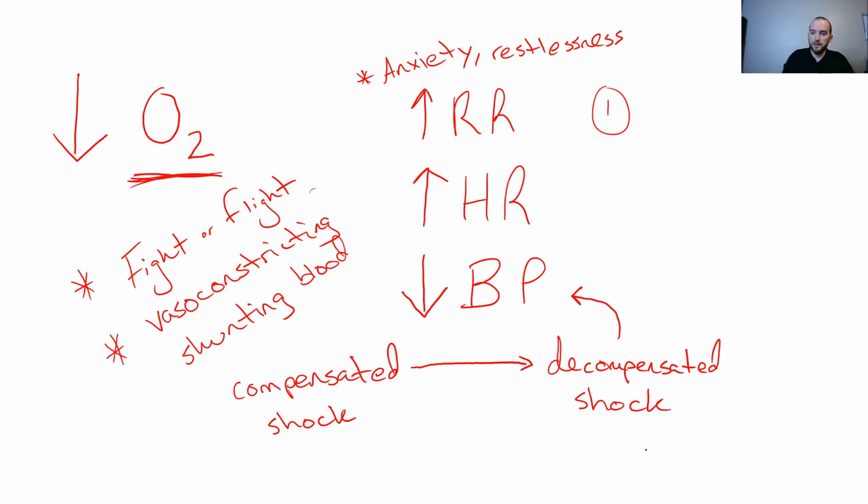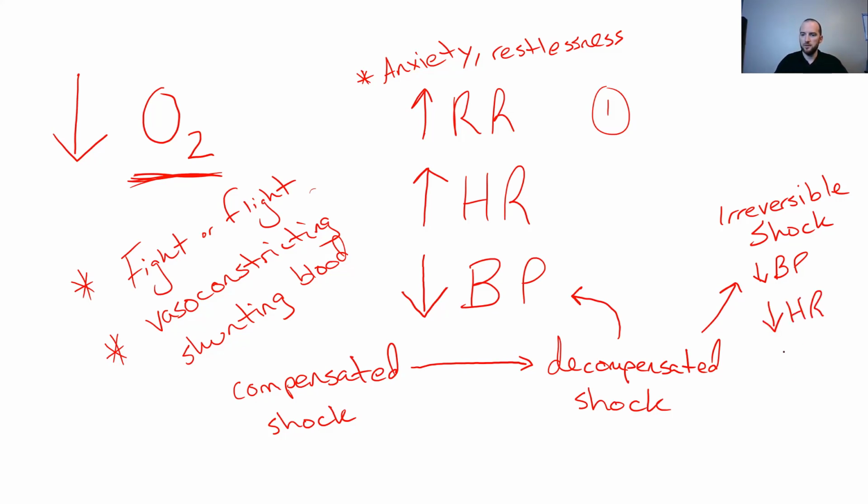And then if it really doesn't happen, then eventually the next step is that last step, and we will say it's irreversible shock. And irreversible shock is really everything is giving up, right? His blood pressure has already been dropping, it's continuing to drop, but now that heart rate starts to give up, the respiratory rate starts to, then literally the body is starting to shut down.